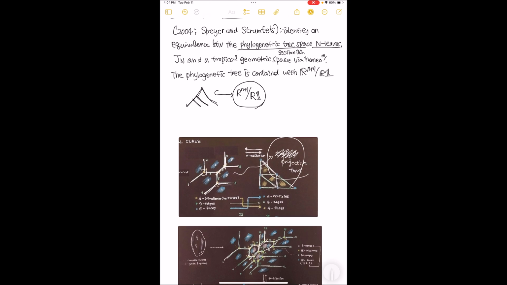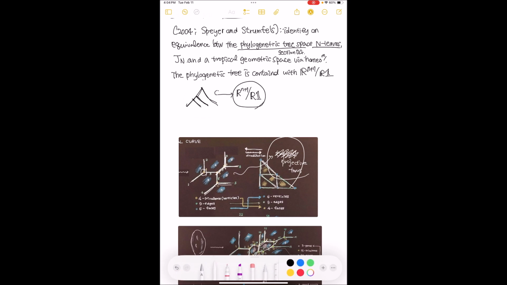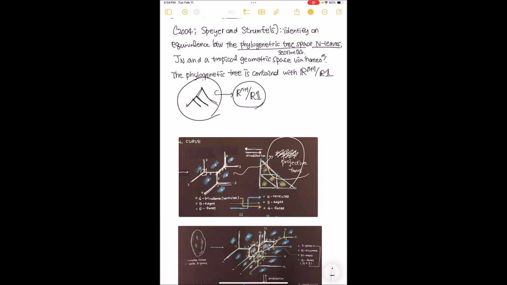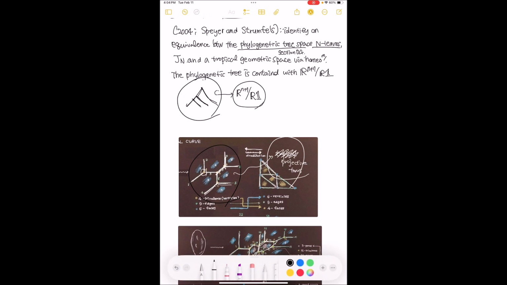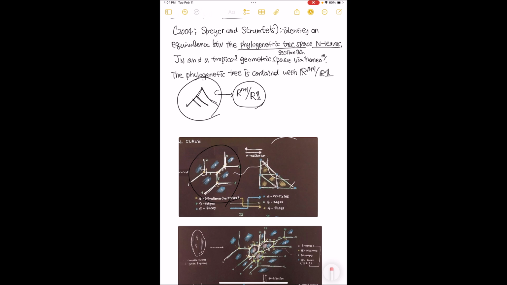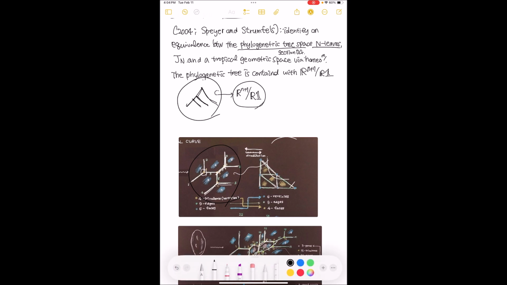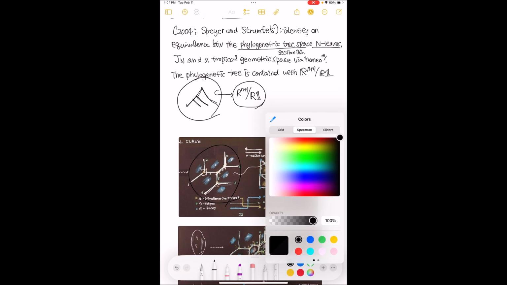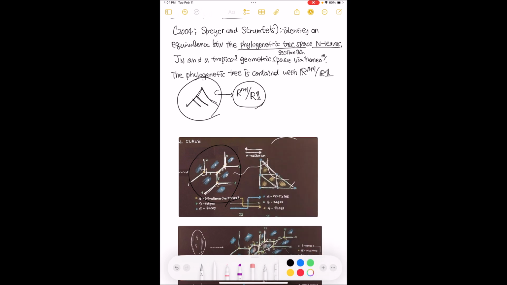Without this name it is just a torus, but this is related to, including phylogenetic trees and tropical curves, R^{n+1}/R1.